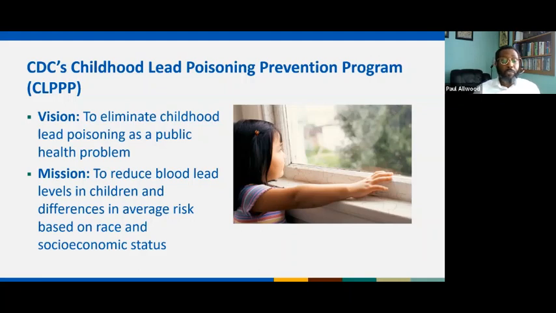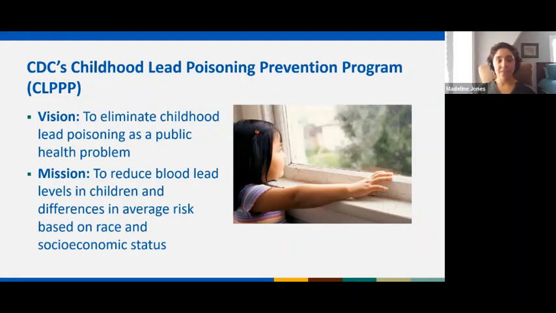Health equity means reducing and ultimately eliminating disparities in health and its determinants that adversely affect groups that have been excluded or marginalized. Examples of historically excluded or marginalized groups include racial and ethnic minorities and people living in poverty. Thank you. Next slide, please.